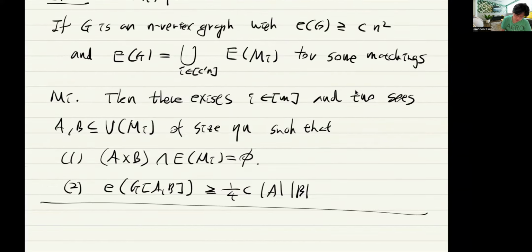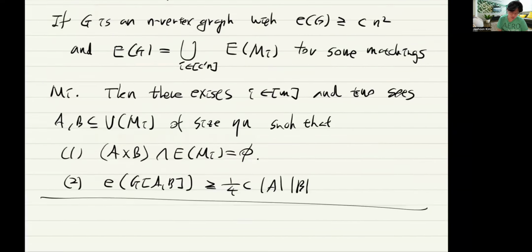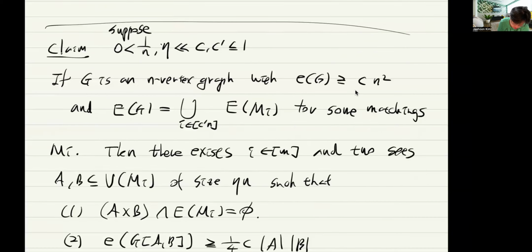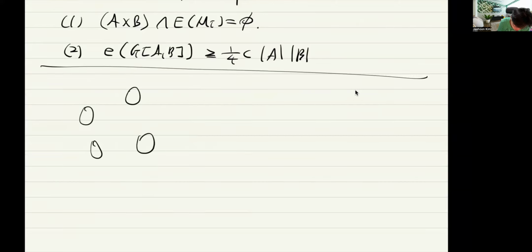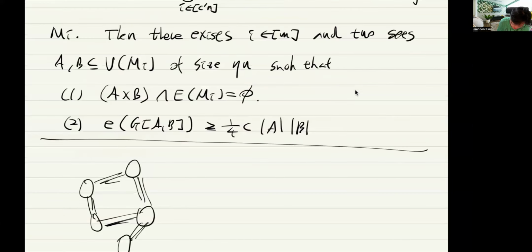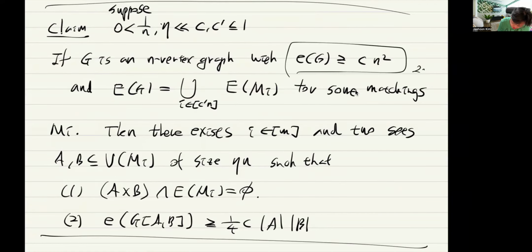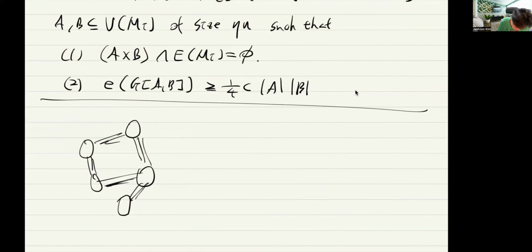So we can prove this claim using the regularity lemma. How do you prove it? I will not write in full rigorous detail, but you apply the regularity lemma, and you get this regularity partition. And then what you can do is, initially the graph has density 2c. So this is at least 2c times n choose 2 edges. That means you should be able to find the regular pair, epsilon regular pair with density at least 2c.